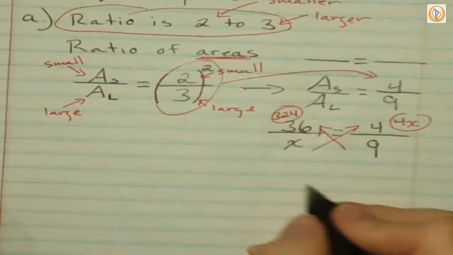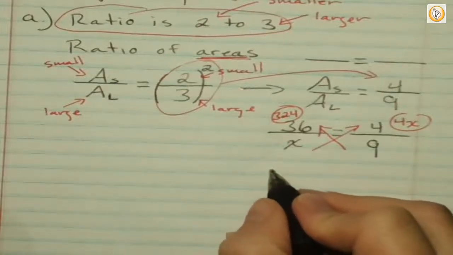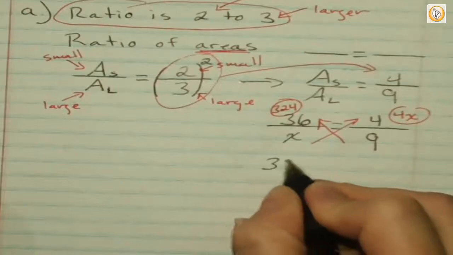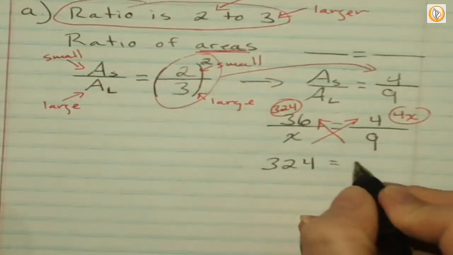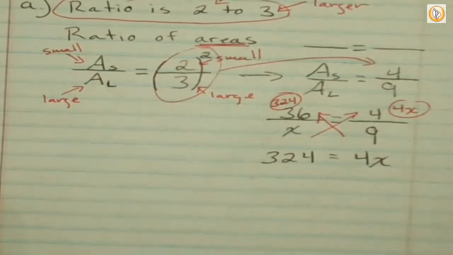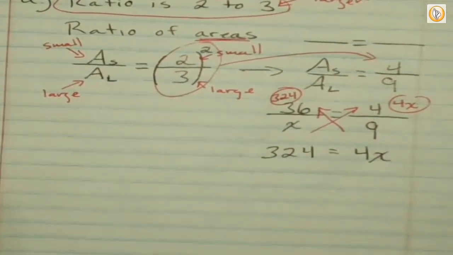So how do I write this, Valeria? 324 equals 12. Very good. Does everyone see that? Sam?